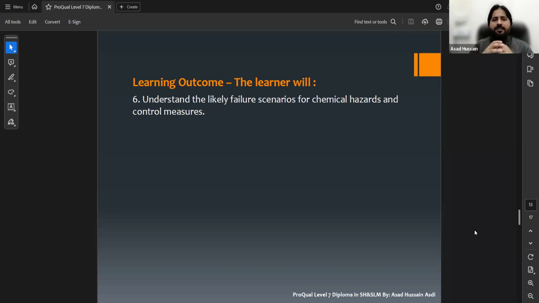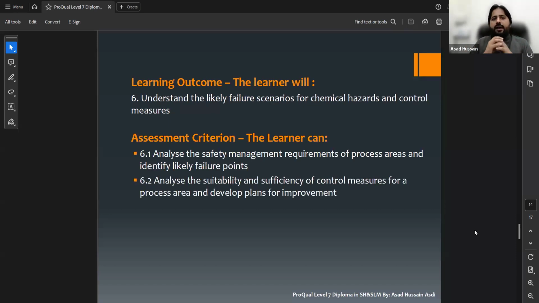So in that case, the failure scenario for chemical hazards, and what control measures we can apply to avoid future failure scenarios from these chemical hazards. So, for learning outcome 6, understand the likely failure scenarios for chemical hazards and control measures.